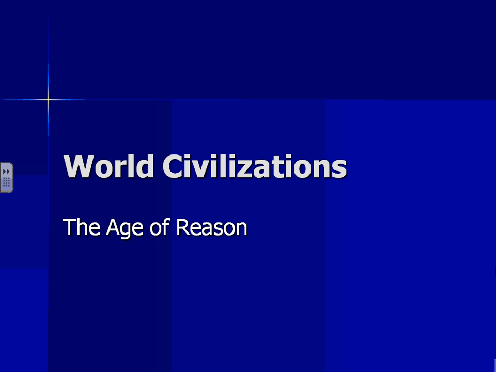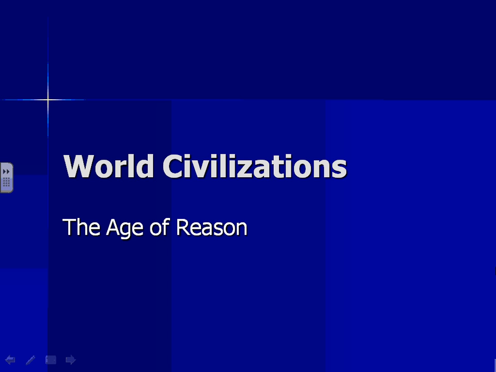Okay, so we are beginning a new section on the Age of Reason, otherwise known as the Enlightenment. And what we're going to see is changing attitudes about science, about law, economics, even natural philosophy.